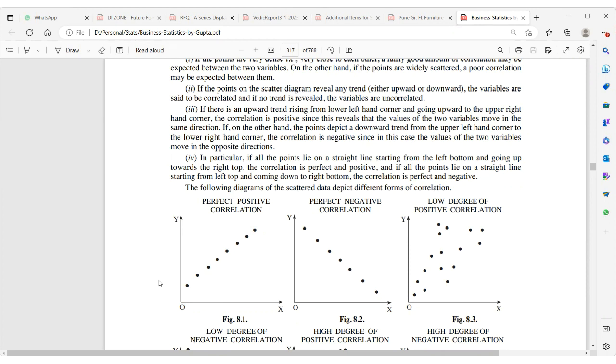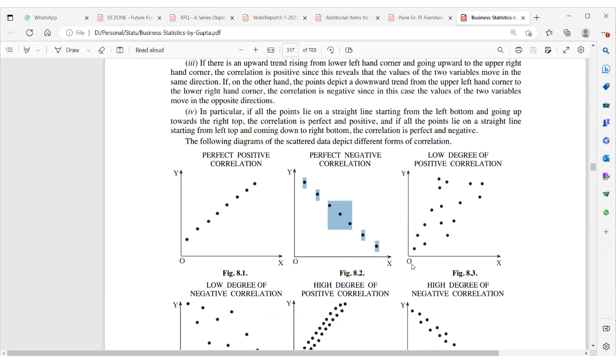If it is going upward, that is an upward slope. If it is going downward, we call it a downward slope. This is called a perfect negative correlation. Now, low degree positive and low degree negative, high degree positive, high degree negative.